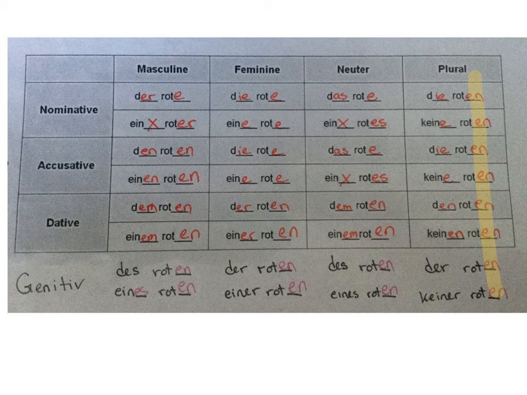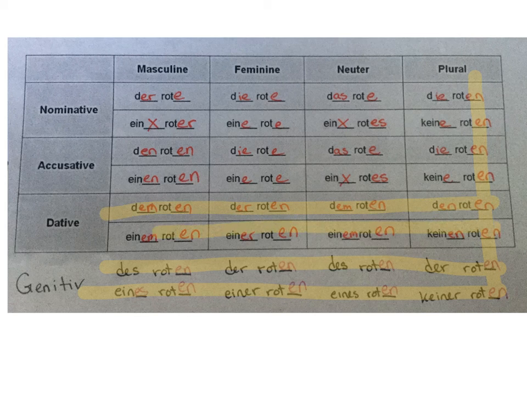Or if your noun is in the genitive case, the adjective in front of it will have an en ending. As well as if your noun is in the dative case, your adjective will have an en ending. Or if it is masculine and accusative, it'll have an en ending. So you can see that the majority of your endings are going to be en.